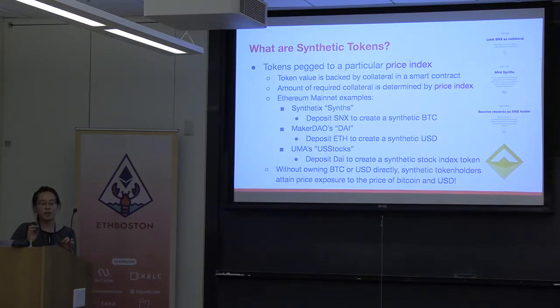If it went up to 3,000, there would be 3,000 DAI backing that token, and so on. And so that's really cool. You've created a token that when we trade it with other people, has backing value equal to this random price feed that we set. None of us actually had to own the actual US stock index in order to have that kind of economic use.